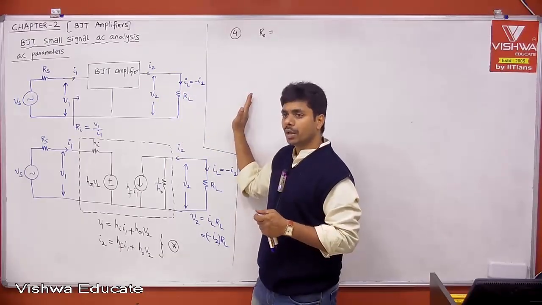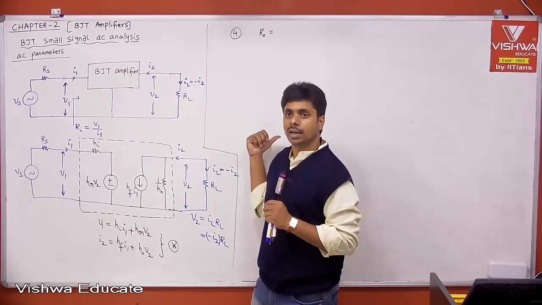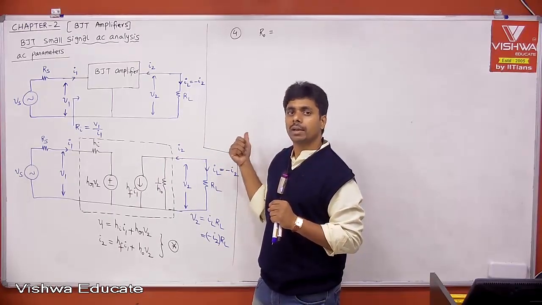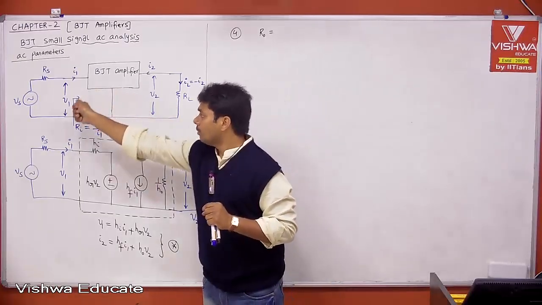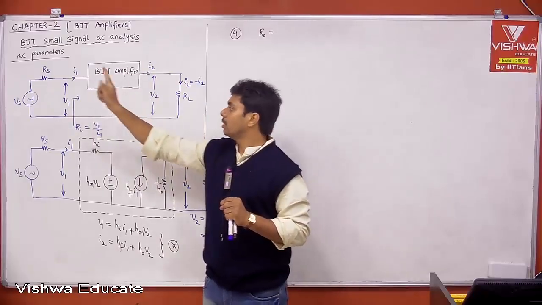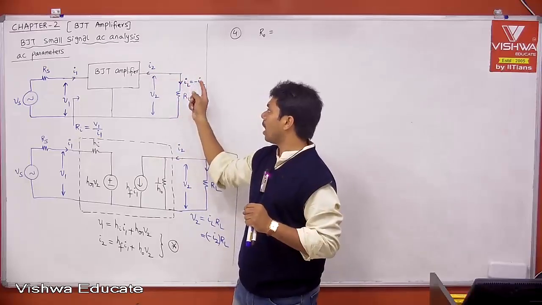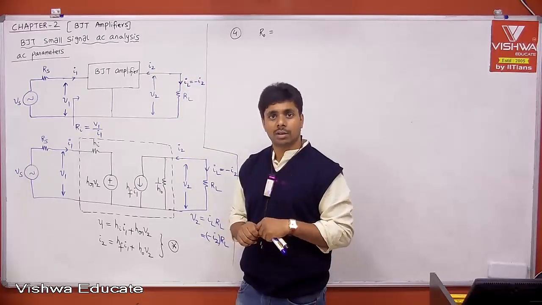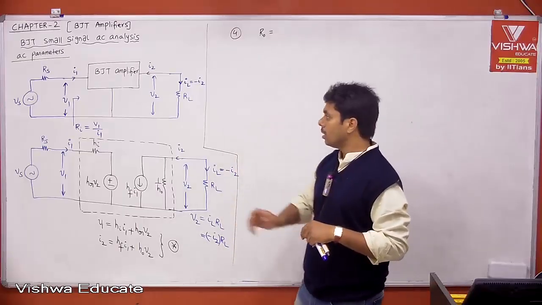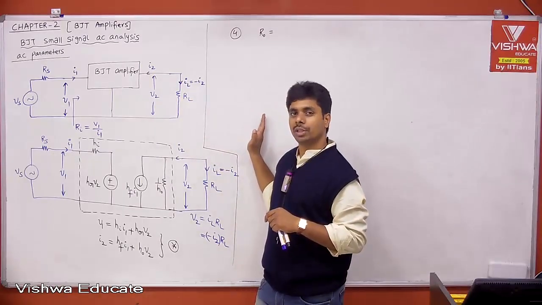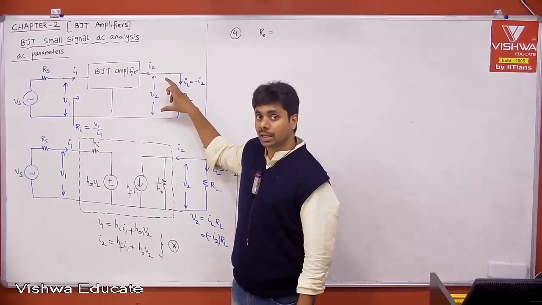I told you one point before: for all parameters we were calculating, like input impedance, voltage gain, current gain, it is always feed forward, meaning Vs gives V1, V1 gives I1, I1 gives I2, I2 gives IL, IL gives V2. But only for the output parameter, we are excluding the load and we are going to apply V2 externally.